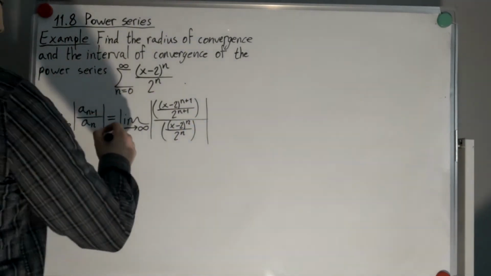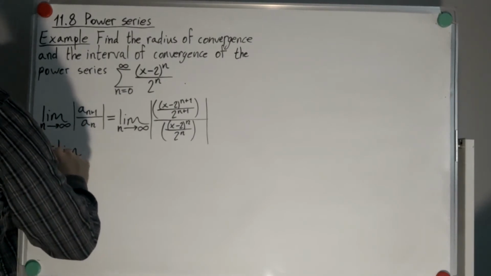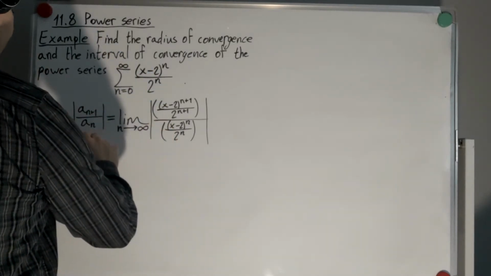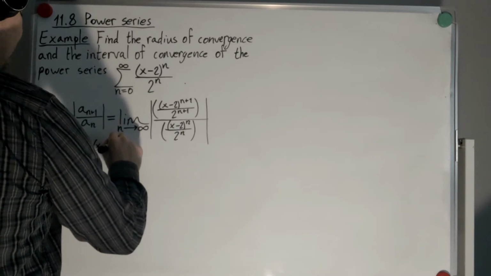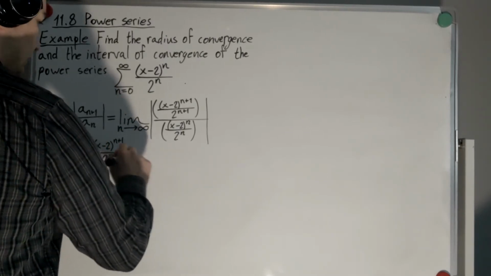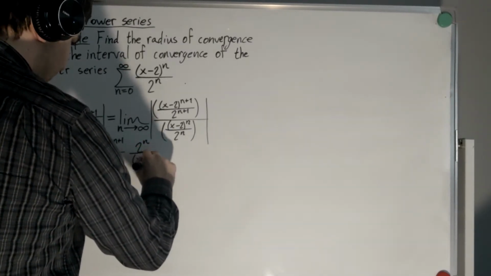And then, you do the normal algebra thing where you're dividing a fraction. So you just copy the numerator, change the division to a multiplication, and flip the denominator. So we have x minus 2 to the n plus 1 divided by 2 to the n plus 1 multiplied by 2 to the n divided by x minus 2 to the n.